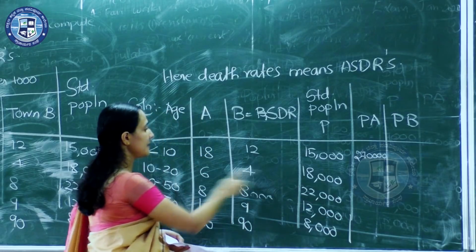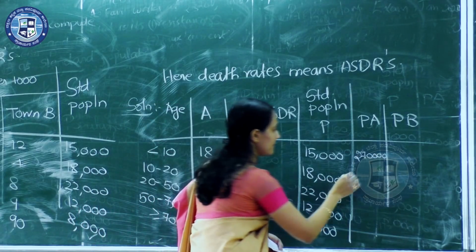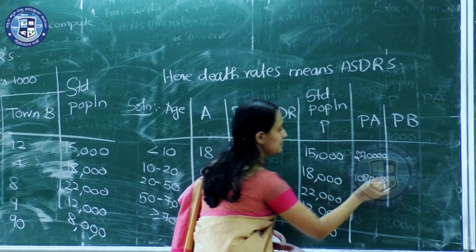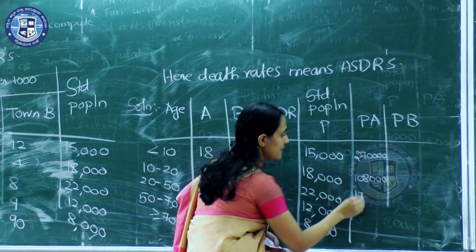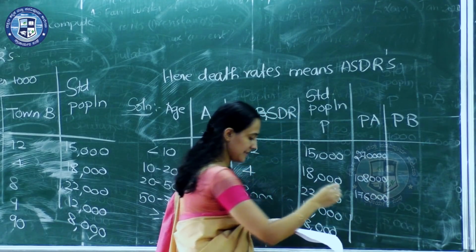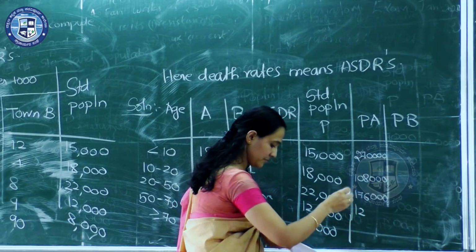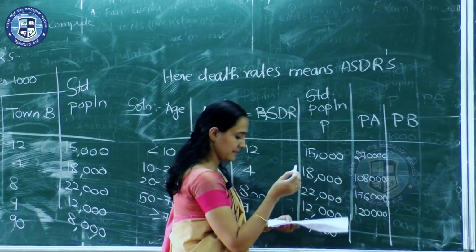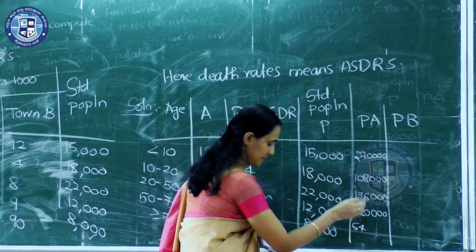Then 6 into 18,000, and so on, and the last is 640,000.